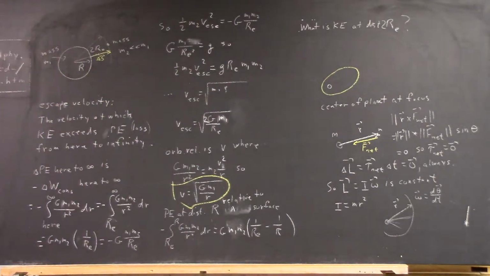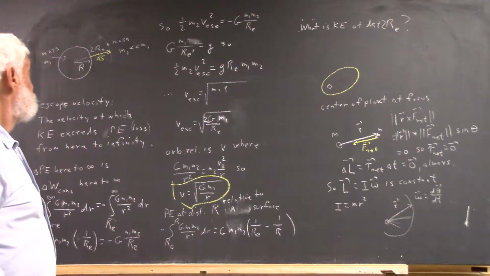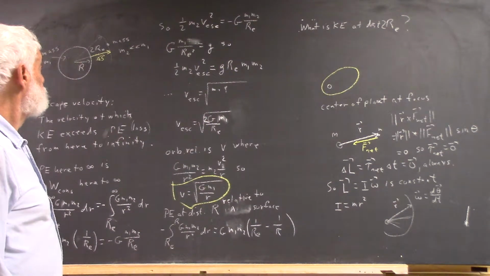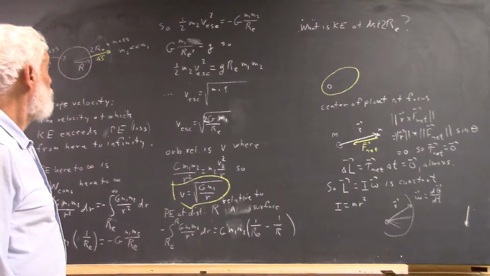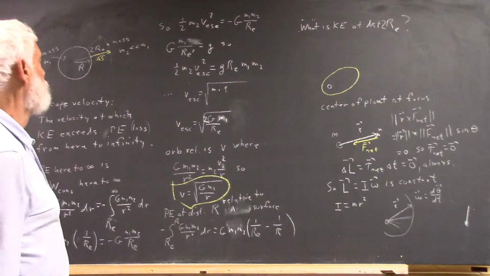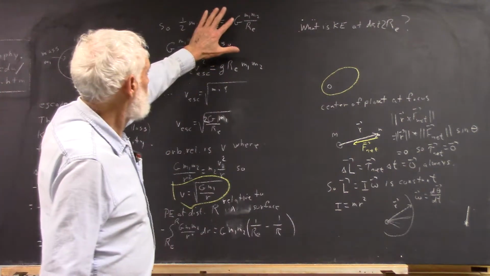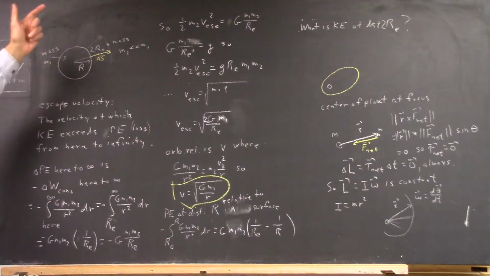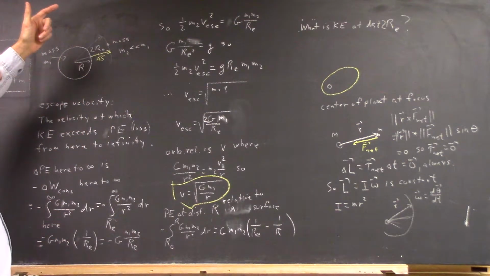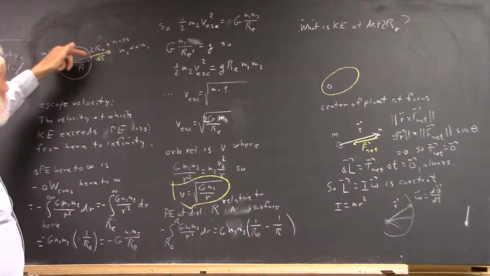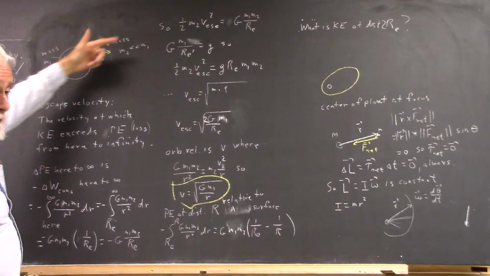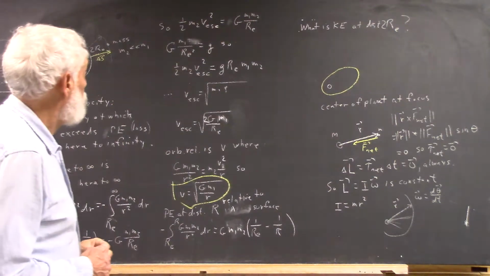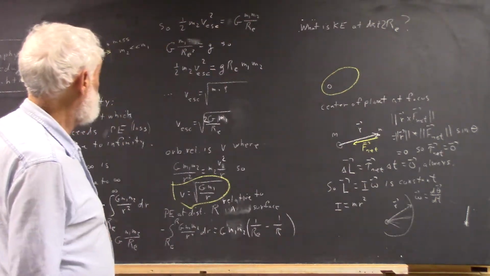Okay? And I really shouldn't have had the negative sign on there. We're assuming, of course, some projectile of mass m. Well, we just solve this equation for V.